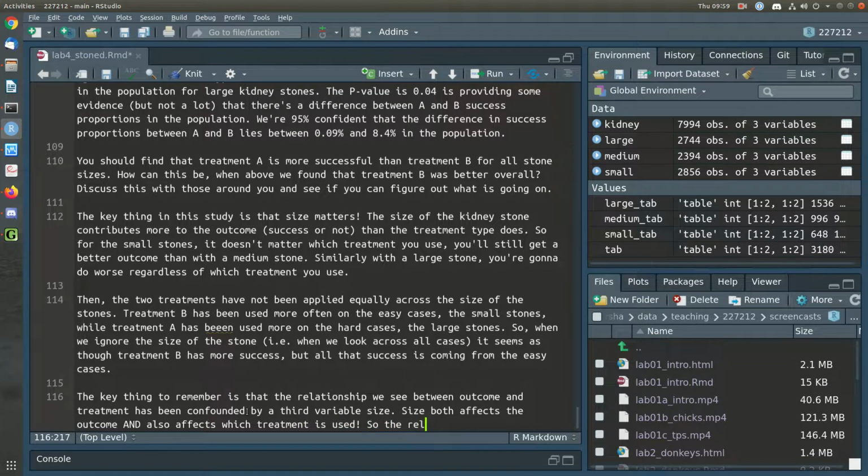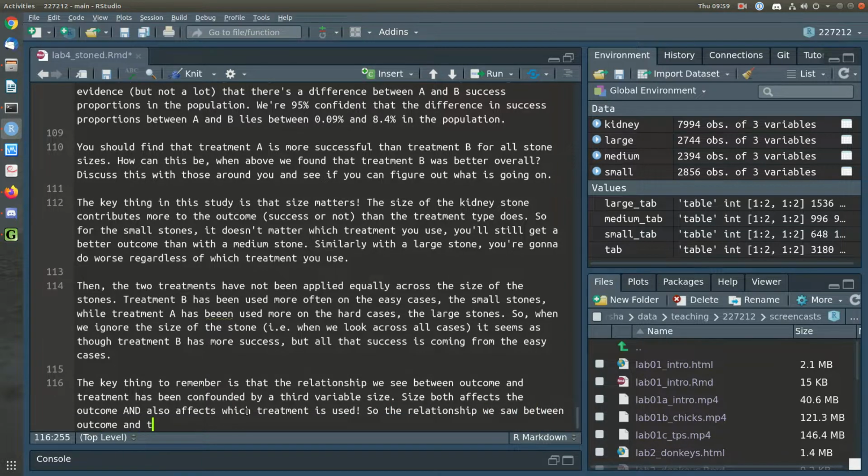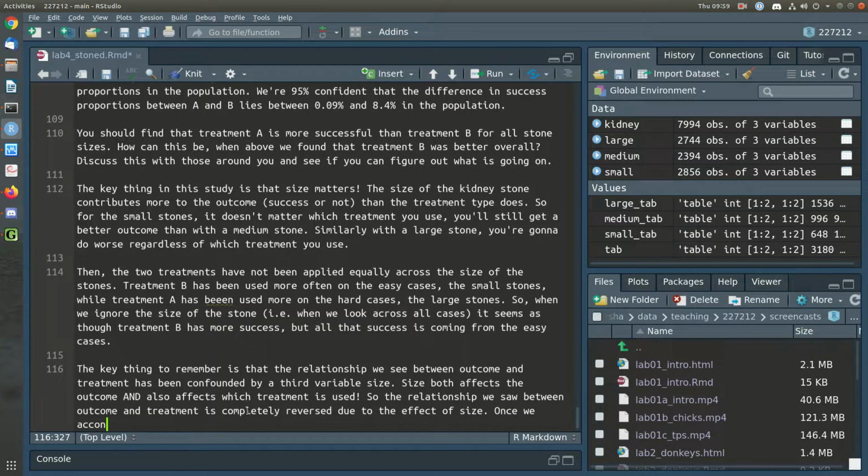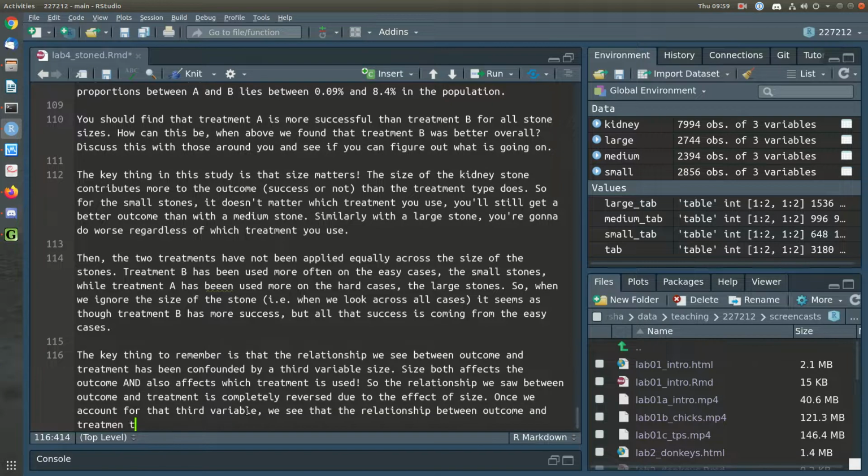So the relationship we saw between outcome and treatment is completely reversed due to the effect of size. Once we account for that third variable, we see that the relationship between outcome and treatment is completely reversed.